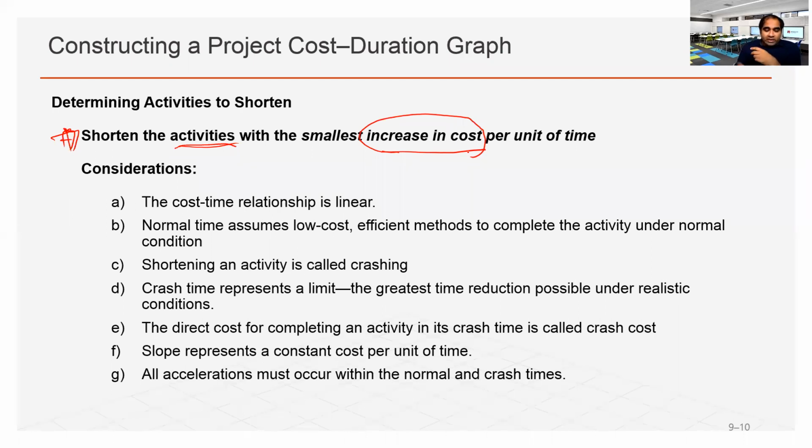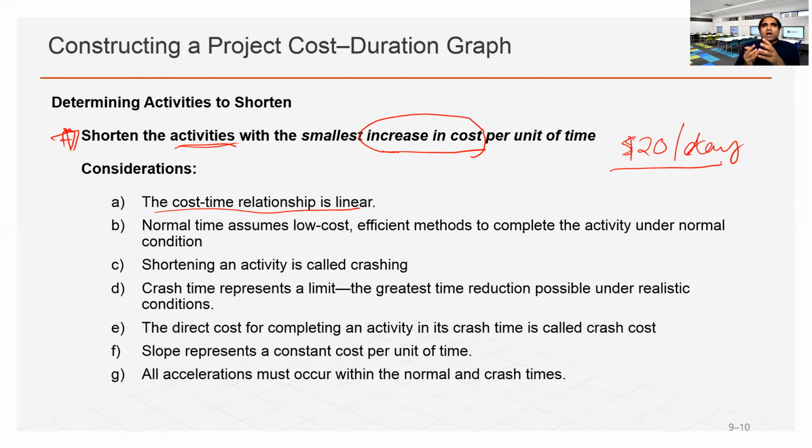The time cost relationship is linear. That means if you can identify that a specific activity costs us $20 per day, that is a linear relationship. So every day of decrease in that activity will cost us an additional $20.